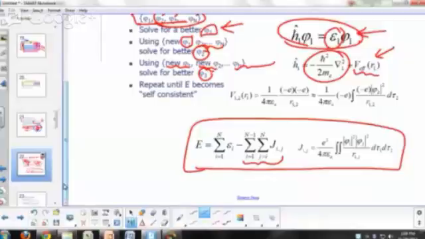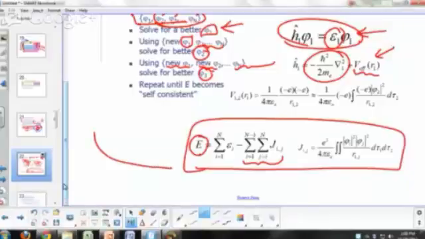At each step in your calculation, you'll be able to lower the estimated energy. So you keep repeating this and improving your wave functions, the functions for your orbitals, until your energy no longer drops. Eventually it will level off.